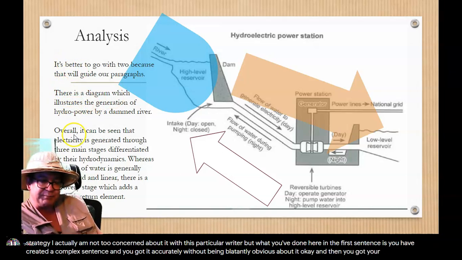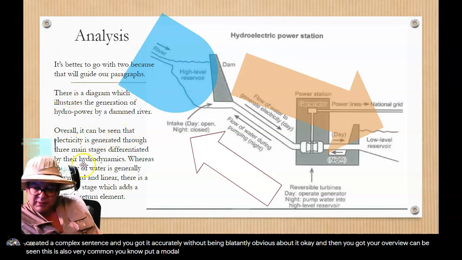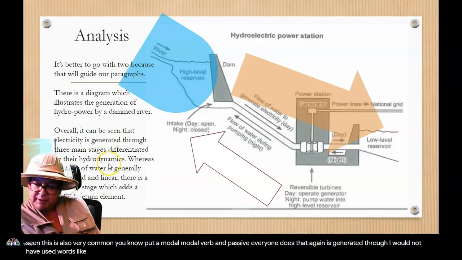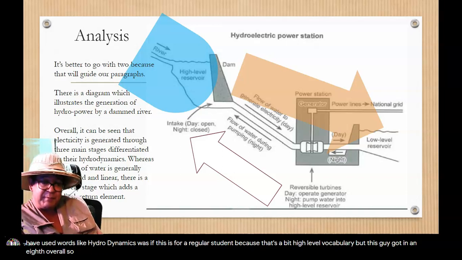Then you got your overview. Can be seen is also very common. Modal verb and passive. Everyone does that. Is generated through. I would not have used words like hydrodynamics for a regular student, because that's a bit high-level vocabulary. But this guy got an 8 overall, so I'm not worried.